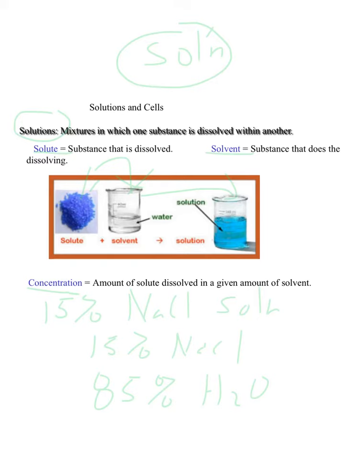And think of the outside of the cell as another solution. And we're going to see that there's going to be an interplay between the solution on the inside versus the solution on the outside. Essentially, that's what we're going to be looking at in something called passive transport.